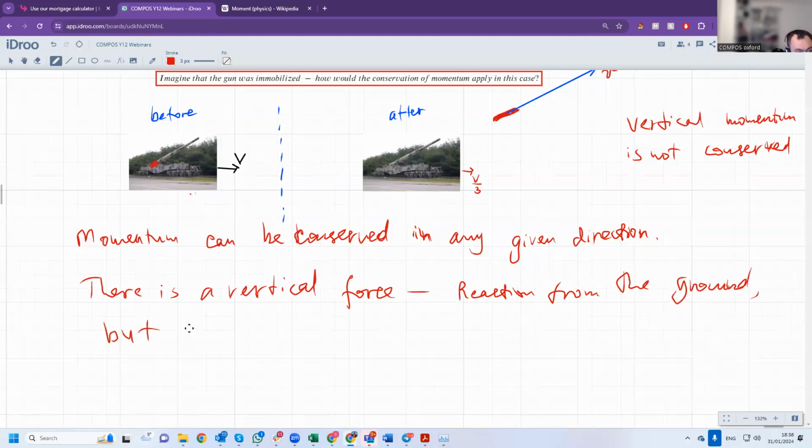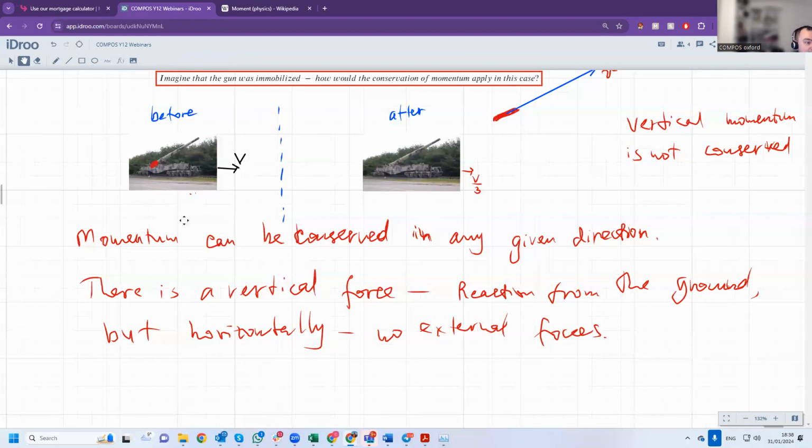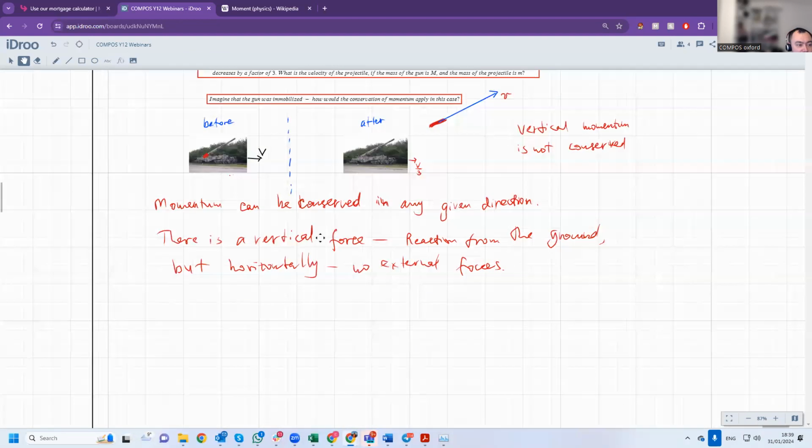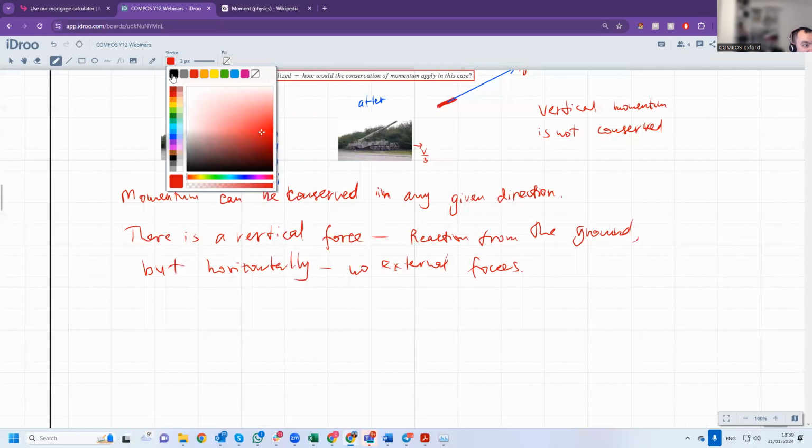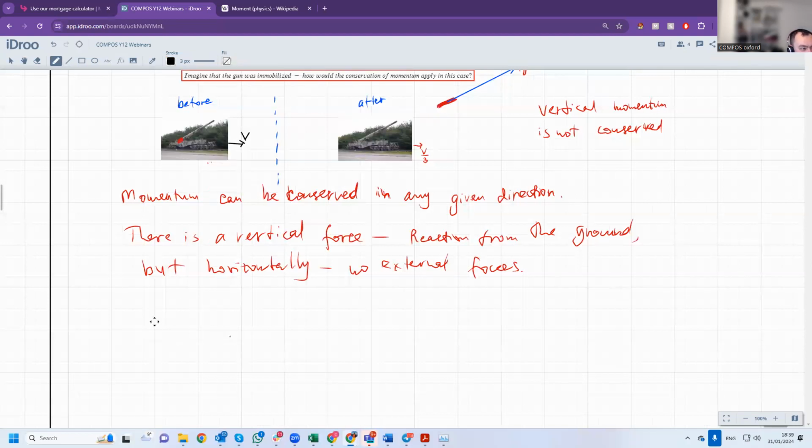But horizontally, we have no external forces. And therefore, we can write conservation of momentum horizontally. So all we need is m plus m, that's the total mass before, multiplied by v.